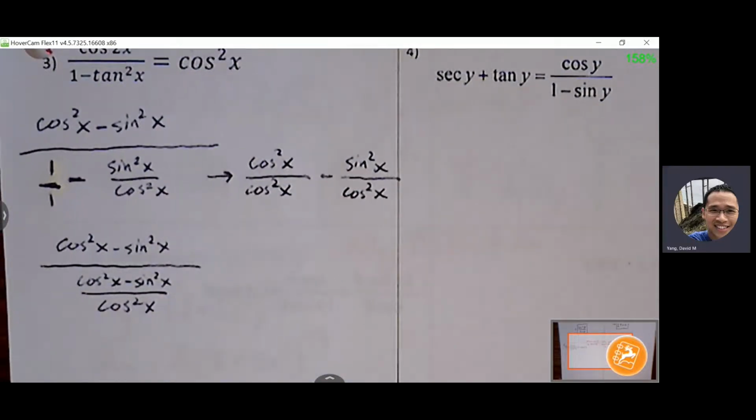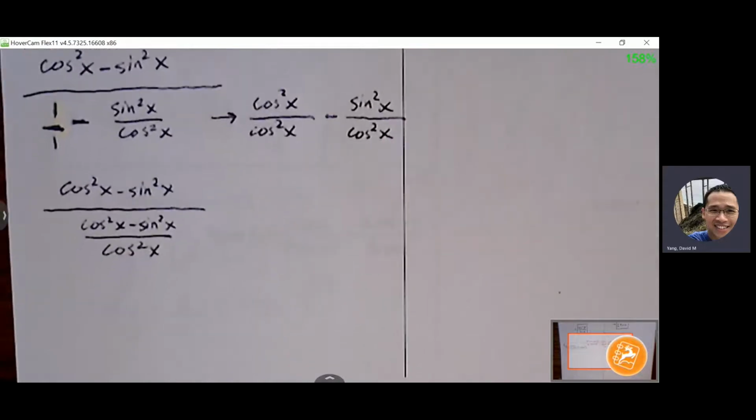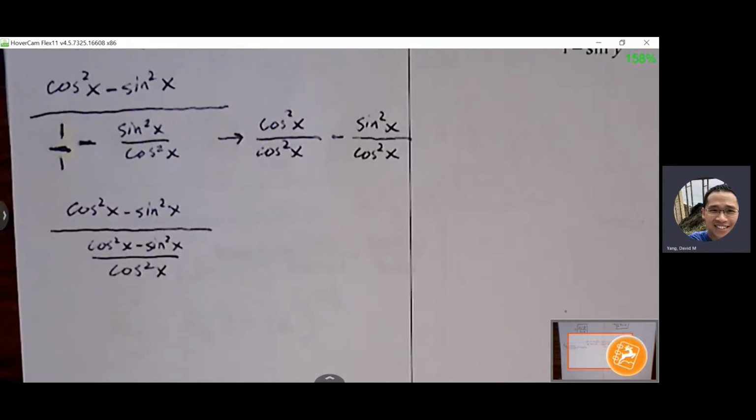Dividing by a fraction is the same thing as multiplying by the reciprocal. We should be able to get some things to line up nicely here. Everybody okay so far?